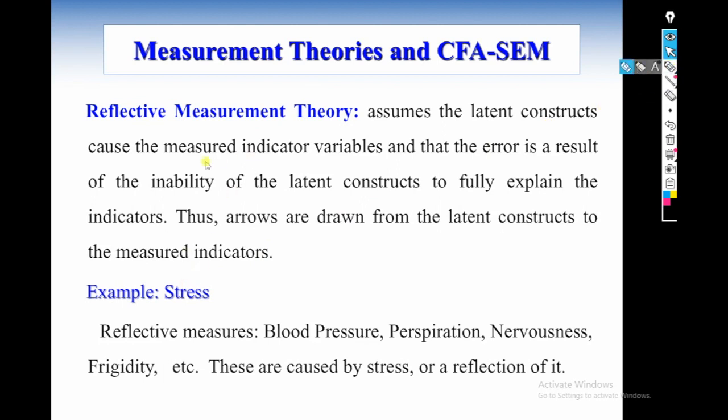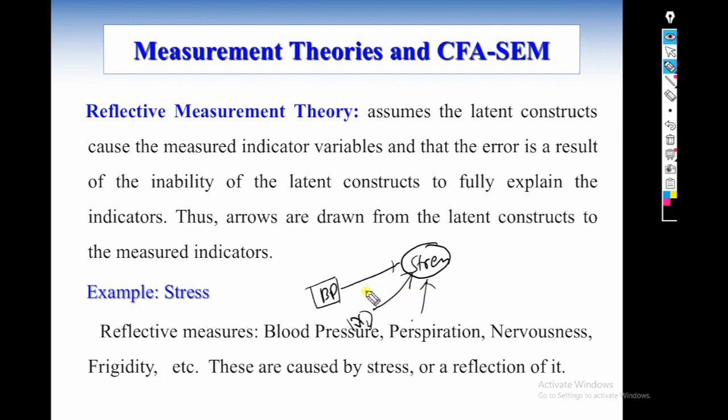Stress is an example of a reflective measurement model. Anyone can get stress, if this is the stress construct. If someone has stress, then his BP would be high, and if someone has high perspiration, another variable, nervousness, he will feel. If someone is stressed, then he will feel nervousness.